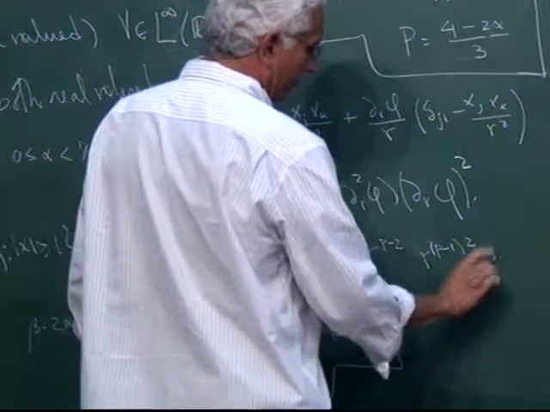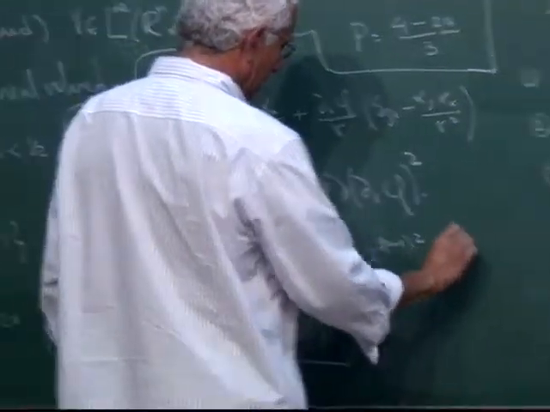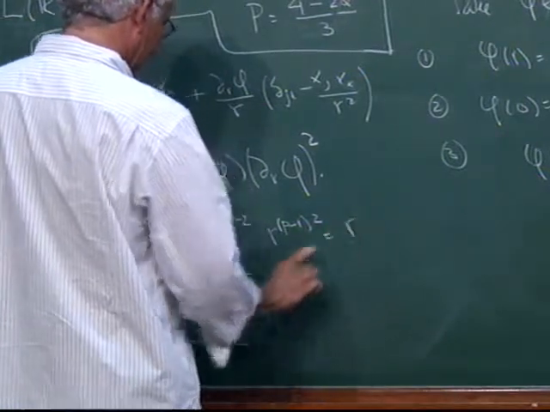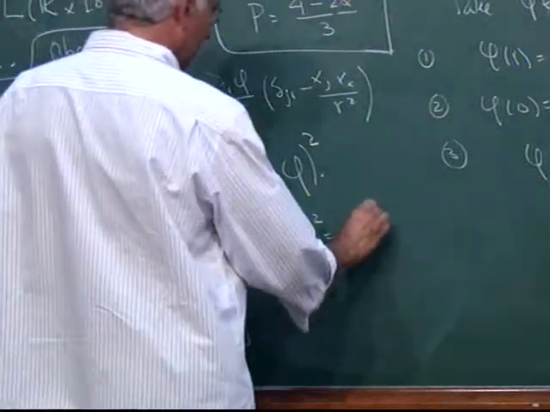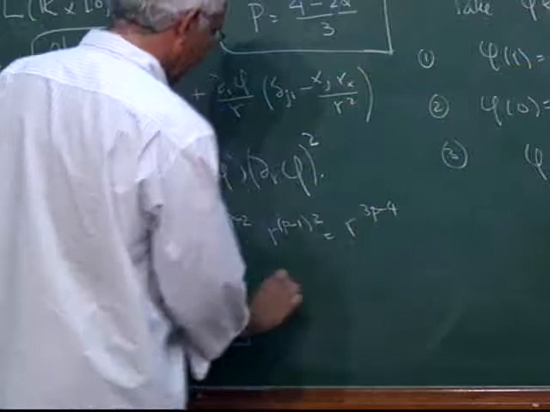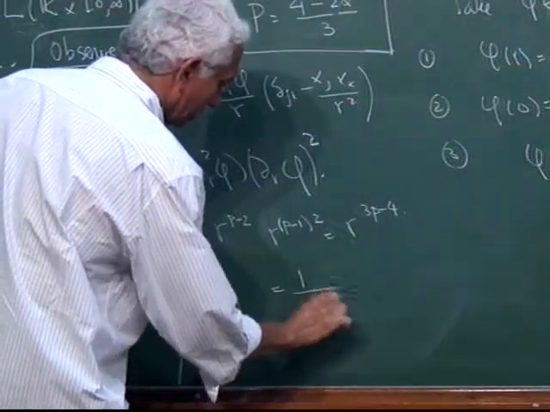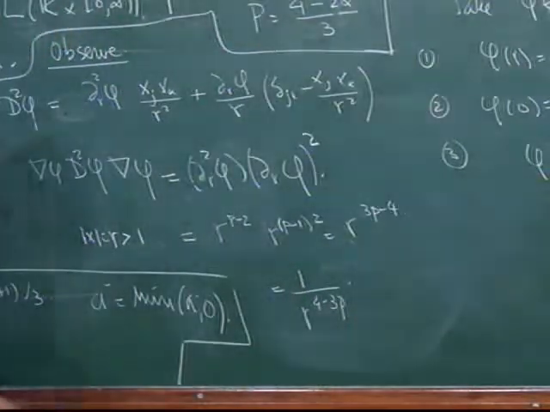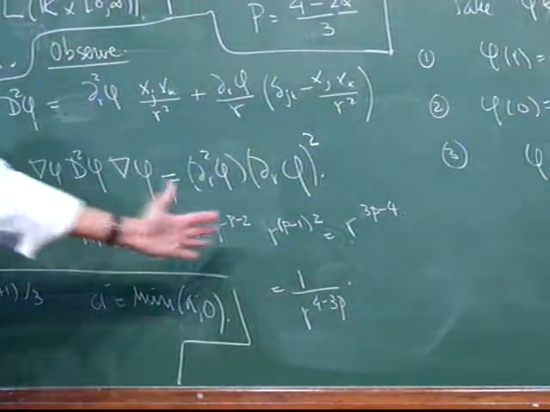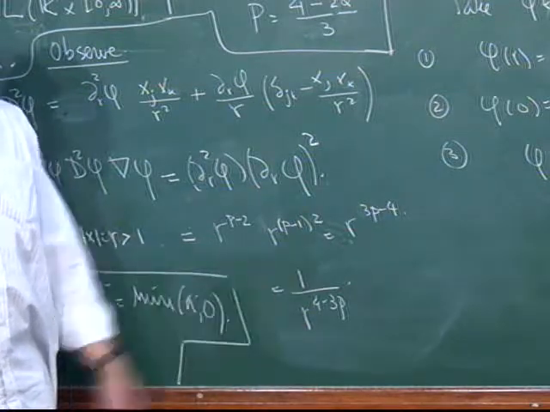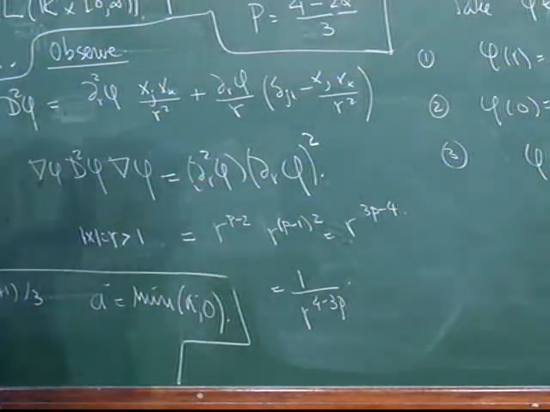Then this behaves like r to the 3p minus 4. That means that this is equal to 1 over r to the 4 minus 3p. You see that 4 minus 3p starts to appear everywhere. 4 and 3 start to appear everywhere. Okay, this is the reason.